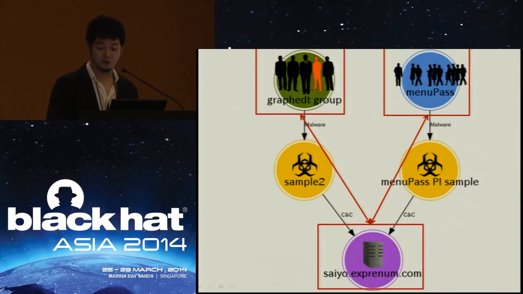And are you also a malware analyst? Wow, that is a powerful match, scary. Yeah, Suzuki is one of the most common names in Japan though. Of course, they make fun of me, but I'm suspected a bit. What a nuisance. Anyway, GraphEdit group is equal to MenuPass, we think.